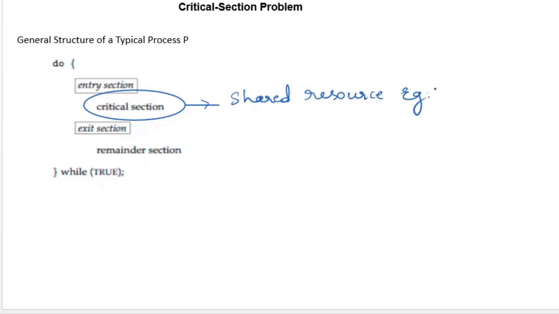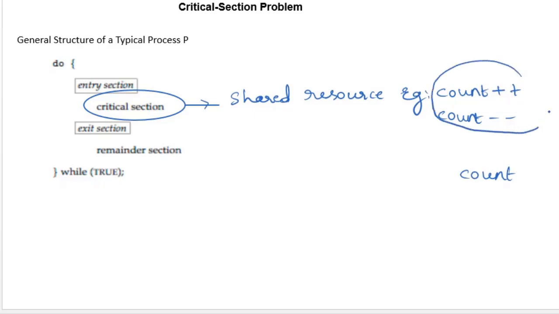What is example for this? Going back to our earlier example, we had statements like count plus plus or count minus minus, which altered a common variable or a shared variable called as count. So whenever you try to execute these statements in your process, that should be kept in a protected section called as critical section.